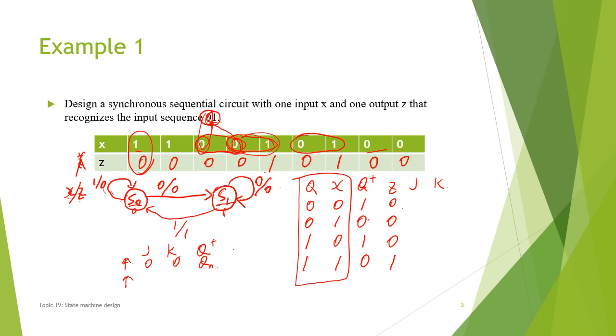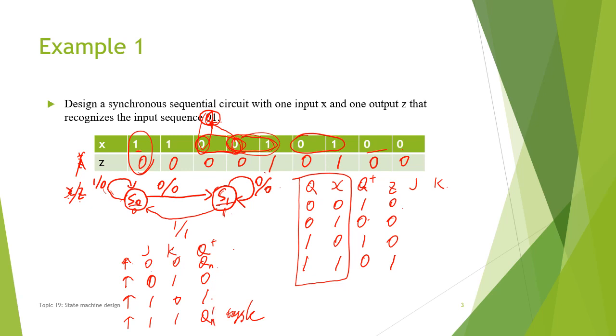If J equal to 0, K equal to 1, that is the reset state, so the output will be 0. If J equal to 1, K equal to 0, that is the set state. Finally, if 1, 1, that's what we call toggle.